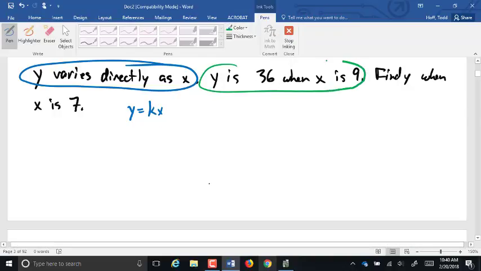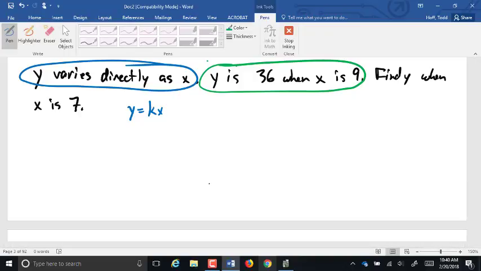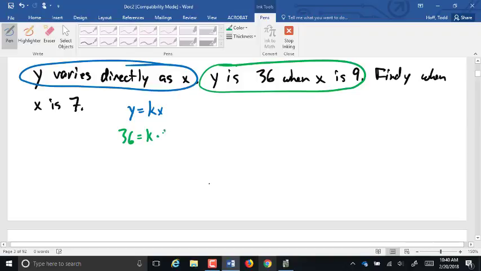Y is 36 when x is 9. This is what we call an initial condition. It's a condition where we know the values of both variables. We took a measurement and we know those values. So y is 36 when x is 9. We put those values in, and we can solve to find k. Dividing by 9 tells us that k equals 4.